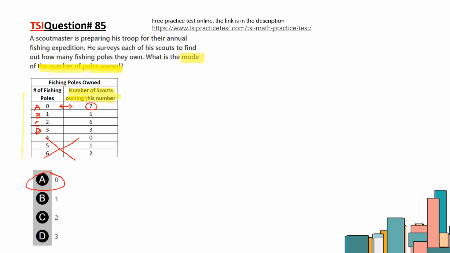And if we want to represent it on a graph or diagram, you can just draw it, right? So this is 0, 1, 2, 3, 4, 5, 6, and this one is poles. Okay, and then how many people have 0 poles? They have 7.